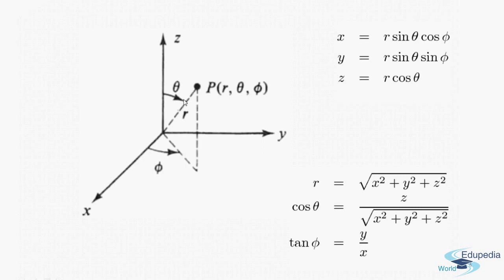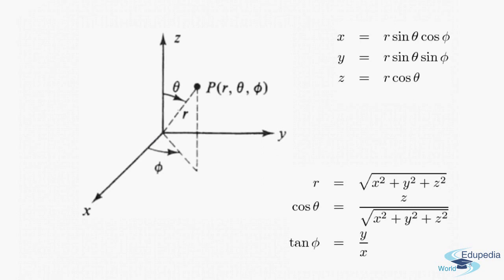The second variable is the angle which r makes with the z-axis, and in terms of Cartesian coordinates, that is z by r or z by root of x squared plus y squared plus z squared. And then you have r sin theta, which is the projection of r in the xy plane, this line, and it has two components, a cos phi component which is in the x direction and a sin phi component which is in the y direction.